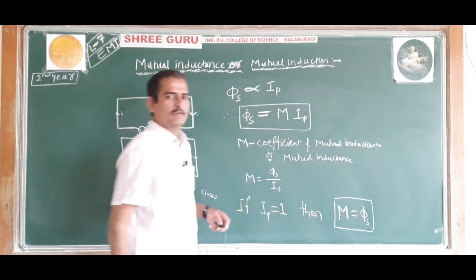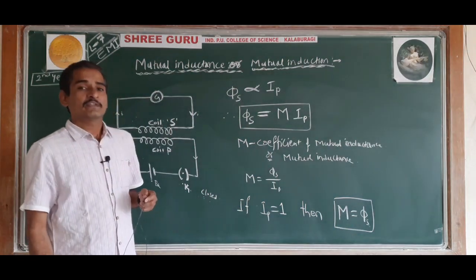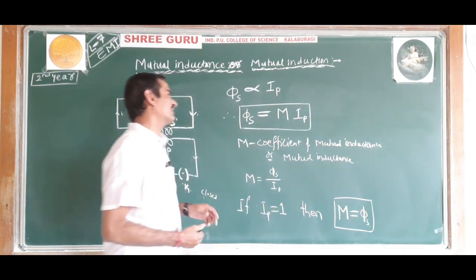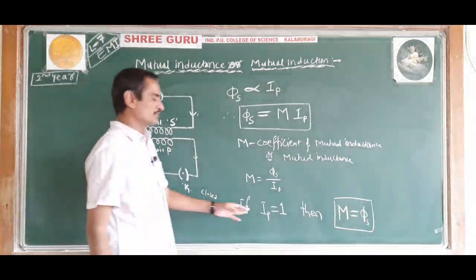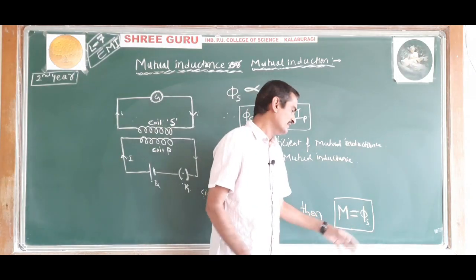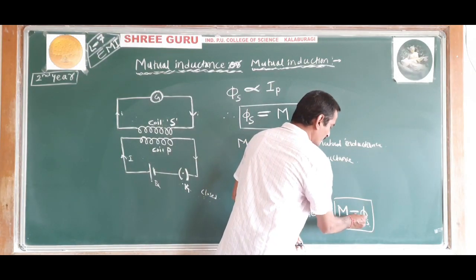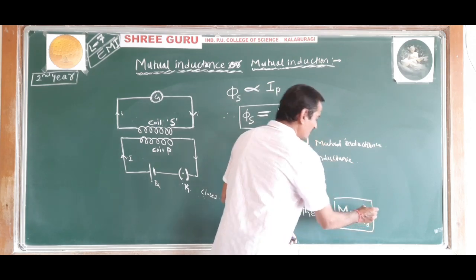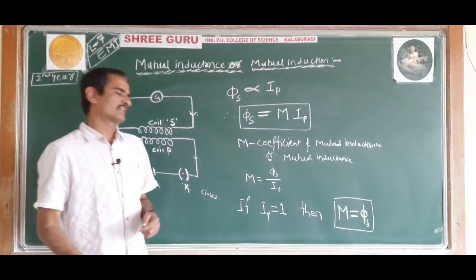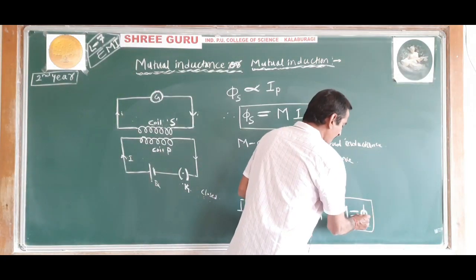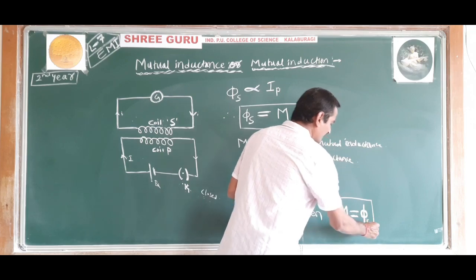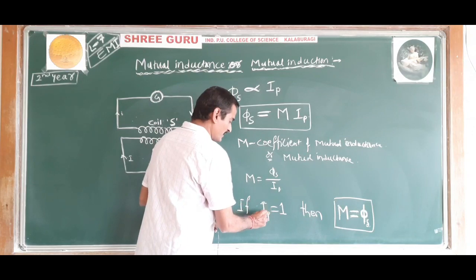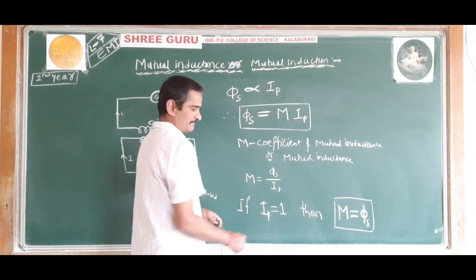Another definition: the mutual inductance of a pair of coils or circuit is numerically equal to the magnetic flux linked with the secondary coil when unit current flows through the primary coil.